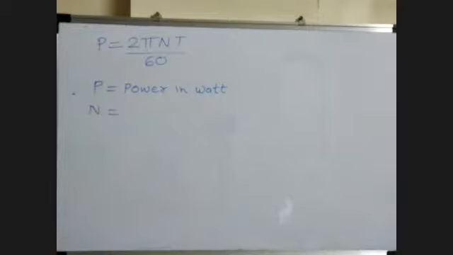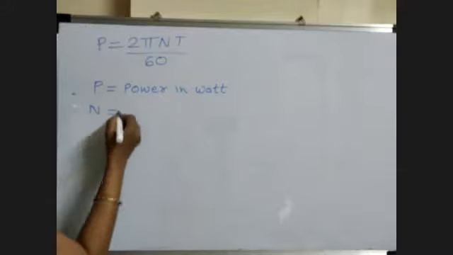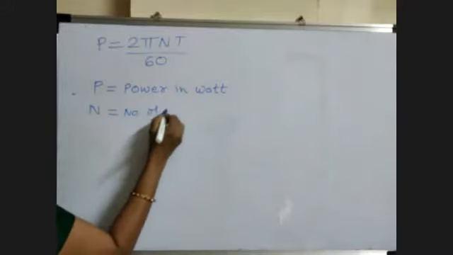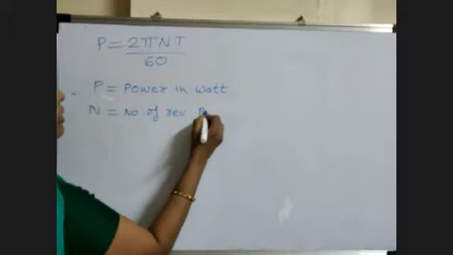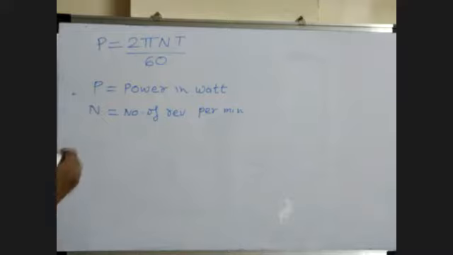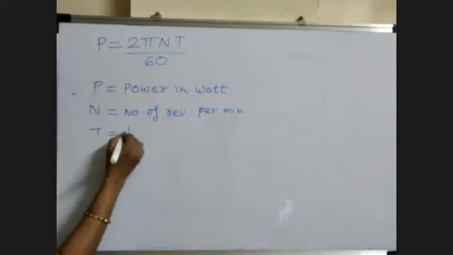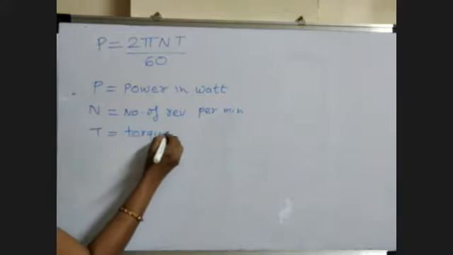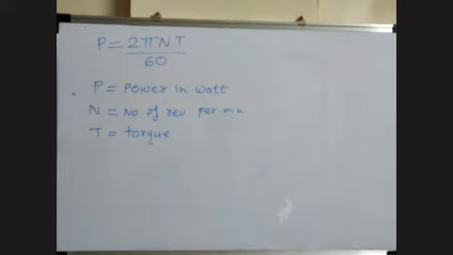Then N means speed of the shaft, in revolutions per minute, that is speed of the shaft in RPM. Then T, that is torque, or torsional moment or twisting moment or turning moment.